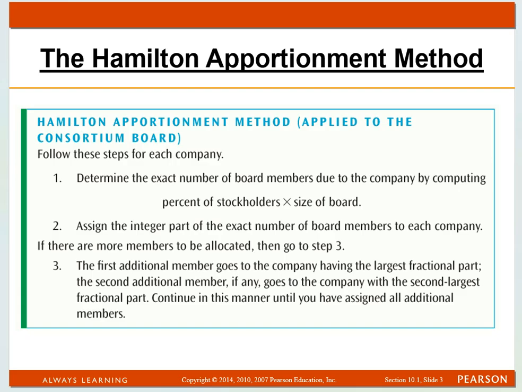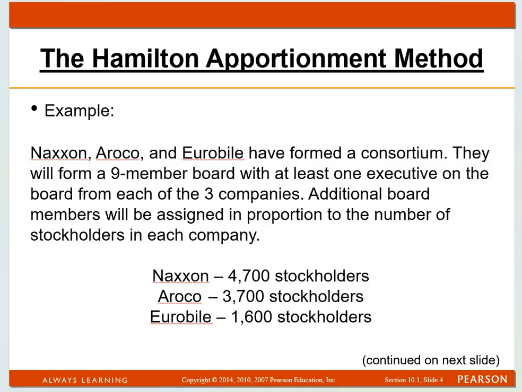And then if the number of seats adds up okay, then you're done. If it doesn't, then you have to go on to step 3, which will look at the 0.75 part. And they'll figure out, okay, whoever has the biggest fractional piece would get the next seat that's available. So let's look at an example to explain this better.